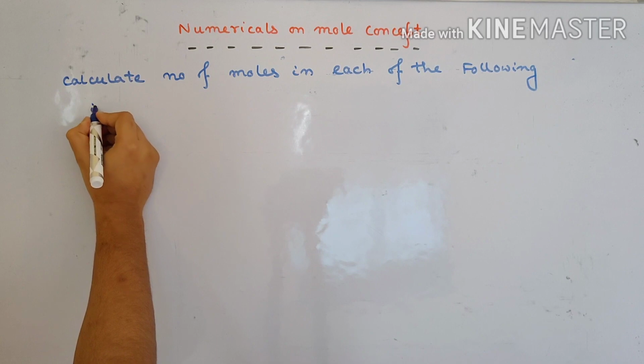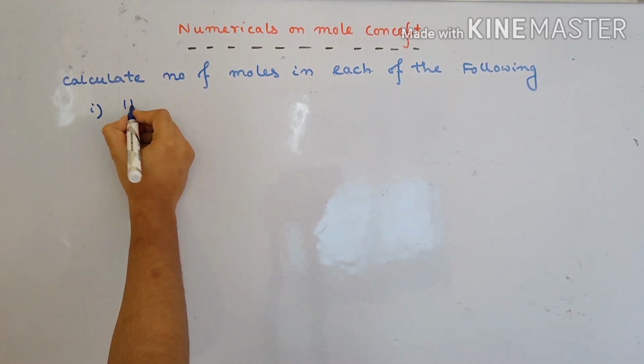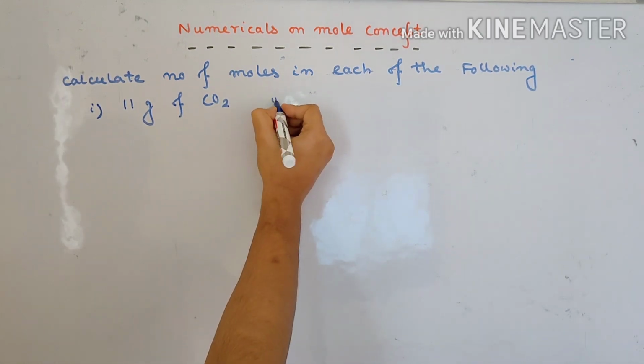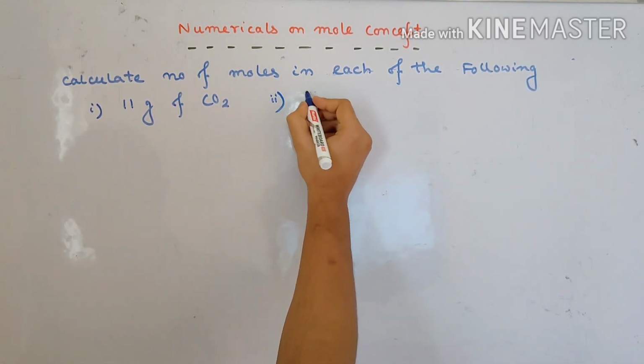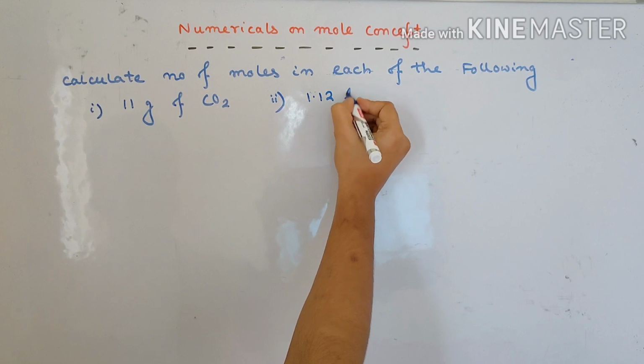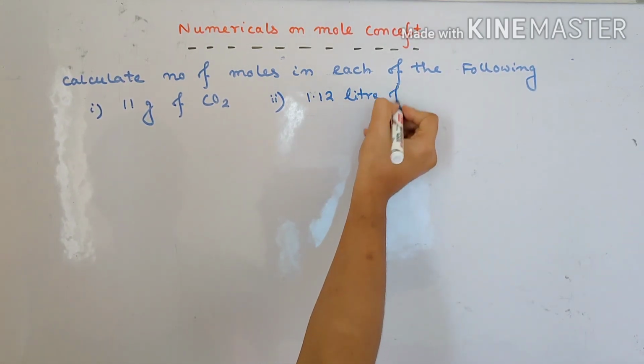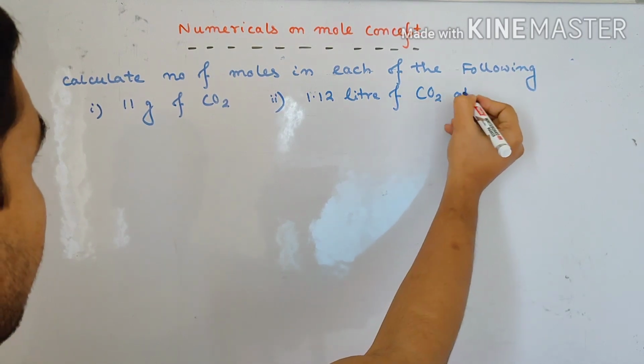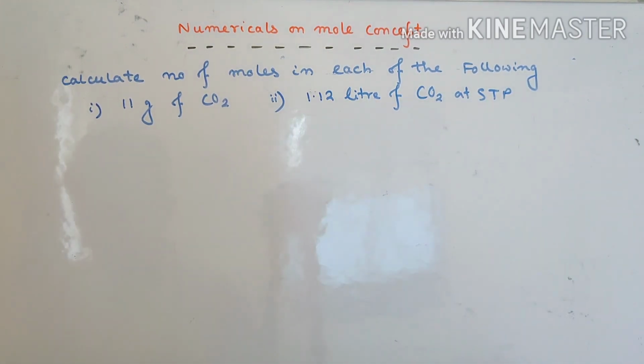In this case, the first question is in 11 gram of carbon dioxide, and the second question is 1.12 liter of carbon dioxide at STP.